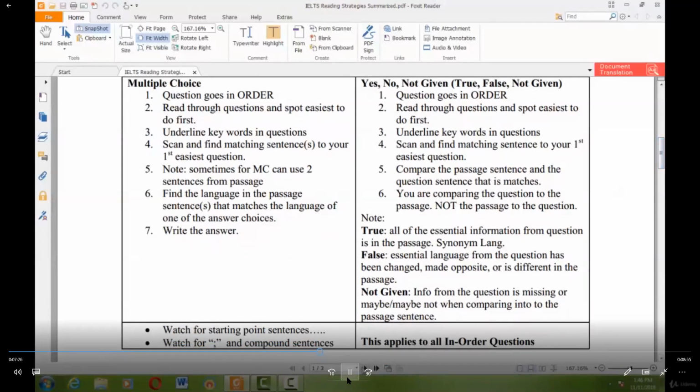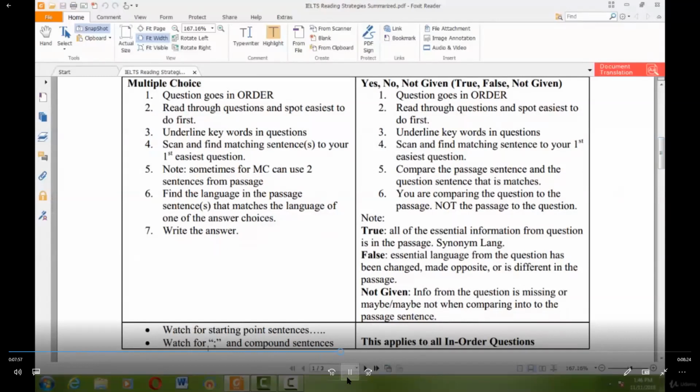Down there at the bottom, it has a note in terms of watching for starting point sentences, or sentences that have semicolons and ands. Sometimes with these questions that go in order, you might have starting point language. What that means is sometimes they'll take two sentences and create one question.